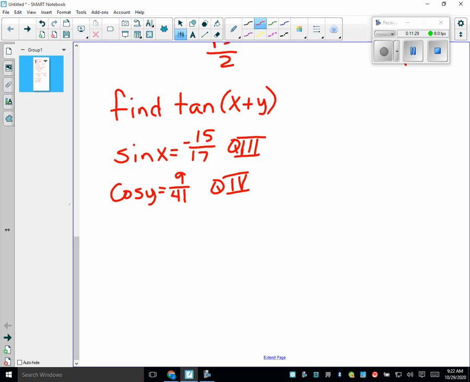Can I draw those triangles? Yes. All right, quadrant 3. This is x. This is negative 15. This is 17. What is that side? Negative 8. Okay. And y is over here.